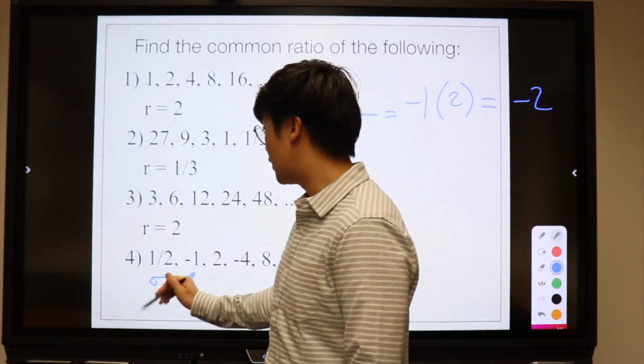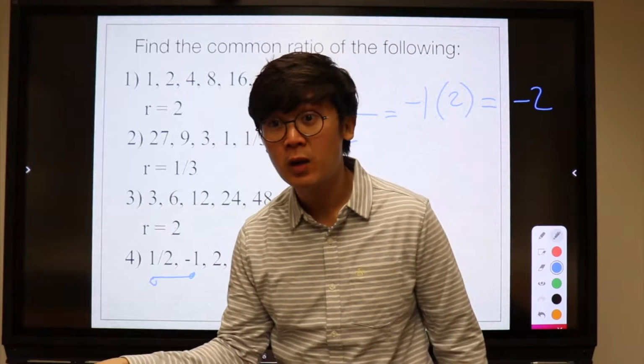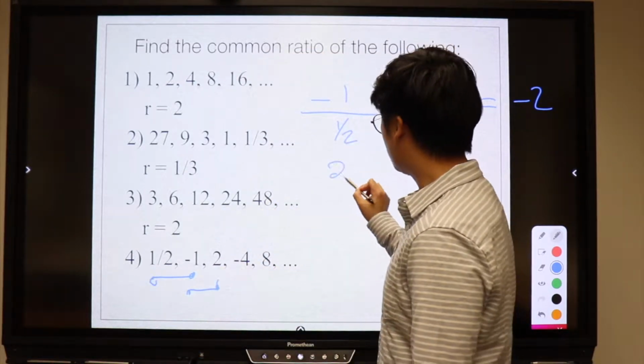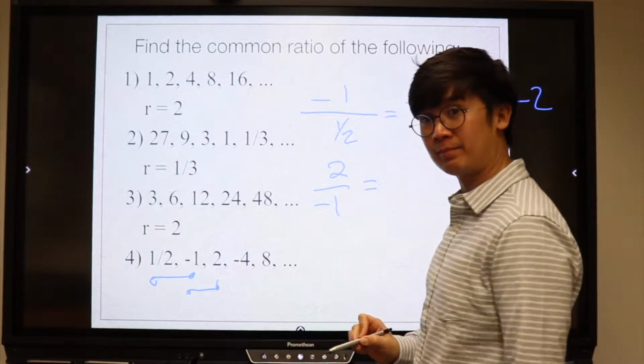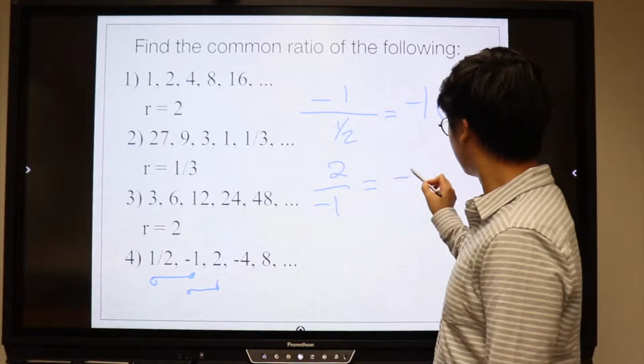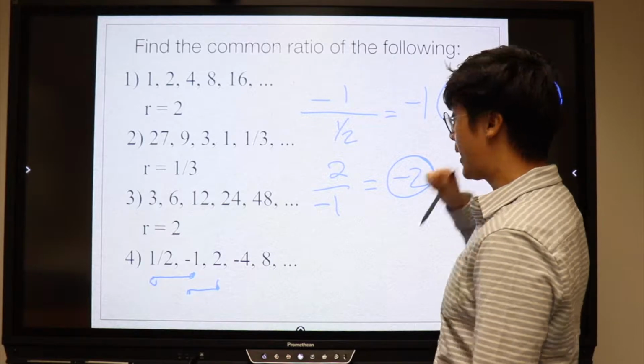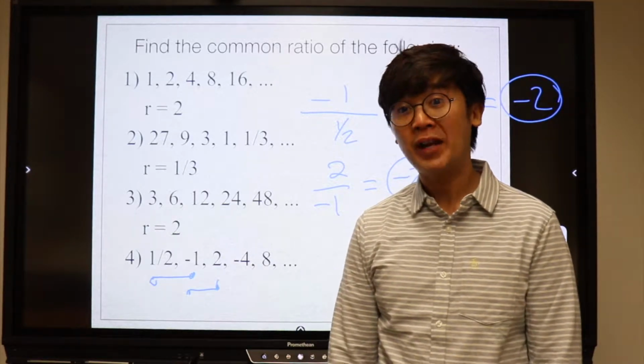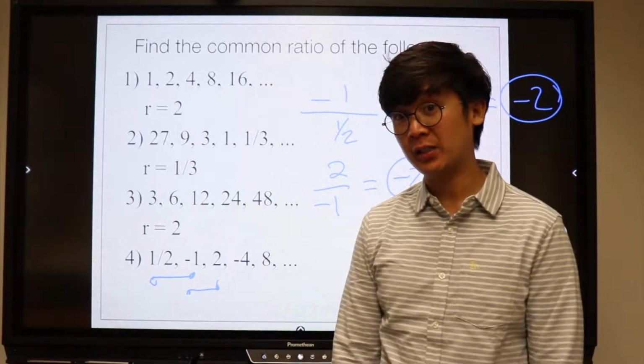Now, that's just the first one, but we need to verify it for the other one as well, right? So let's do this and that. What is 2 divided by -1? -2. Are they the same? Yes. Because they have a common ratio, which falls under a geometric sequence.